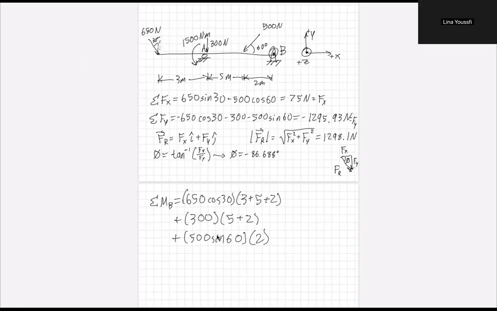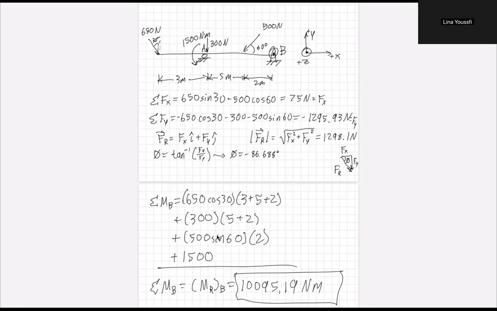And I'm also going to add that 1500 Newton meter applied moment that's applied at point A. Adding all these together should get a sum of moments about point B. We can also call this the resultant moment about point B of 10,095.19 Newton meters.